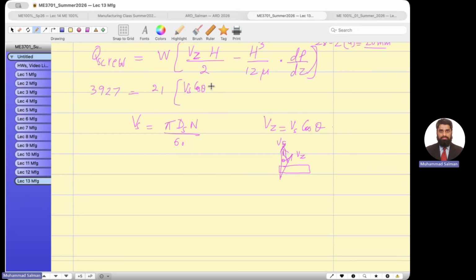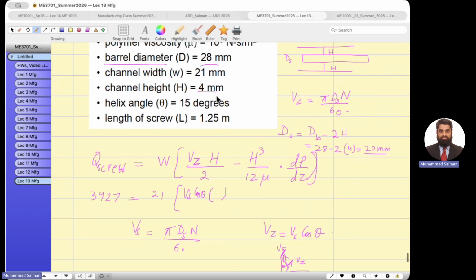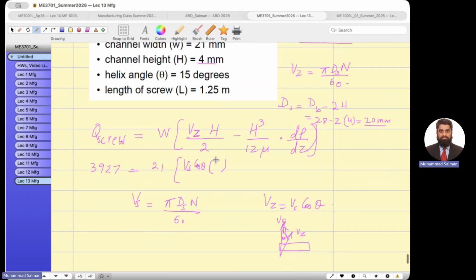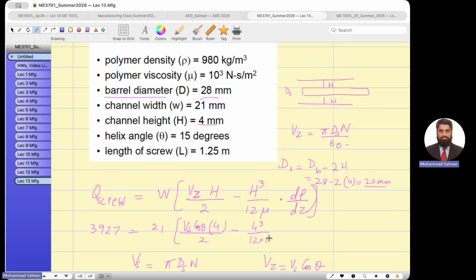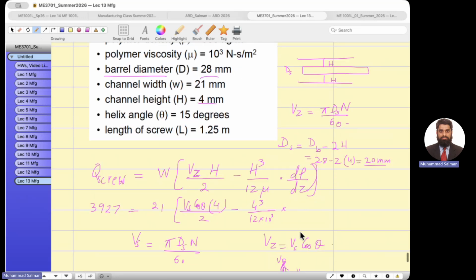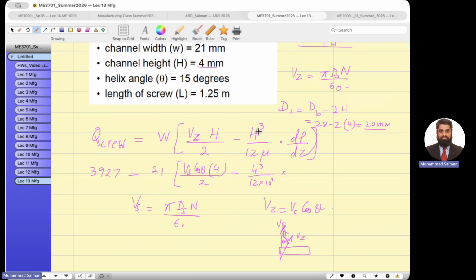times the height. How much is the height of the channel? 4. So I can write 4 divided by 2 minus 4 cubed divided by 12 times the eta, 10 to the power 3. Now here, the length of the screw is 1.25.